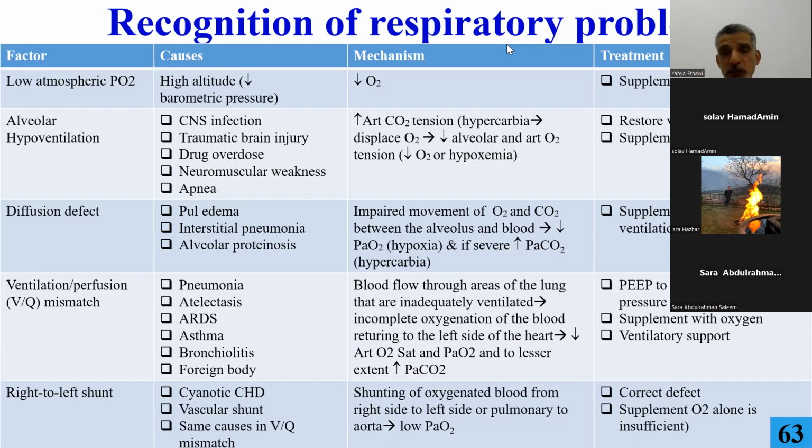Asthma, you get obstruction, the same with bronchiolitis, foreign body, all you get ventilation perfusion mismatch. Because there is an area where blood is coming, but we are losing the alveolar bed. So the blood will come and go back without getting enough oxygen and not sending out the CO2. So you get decreased oxygen and increased CO2.